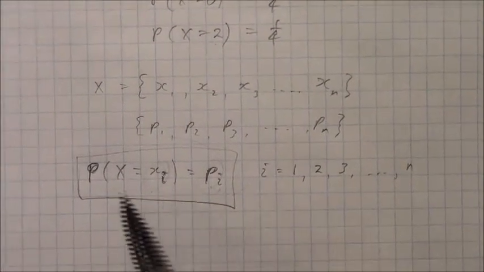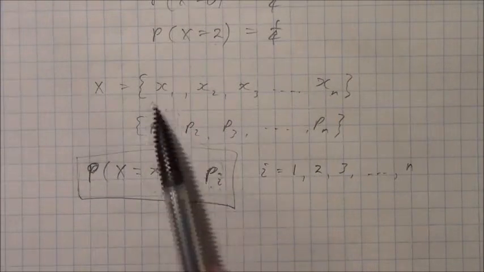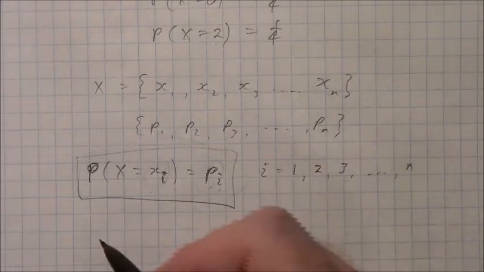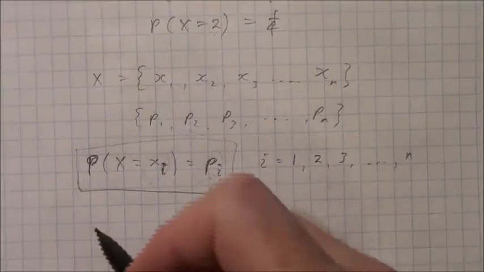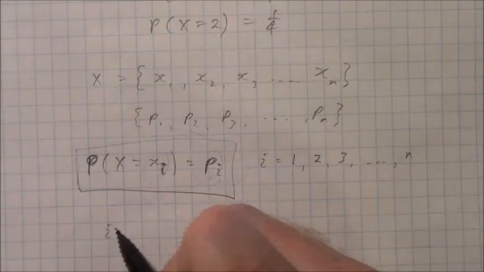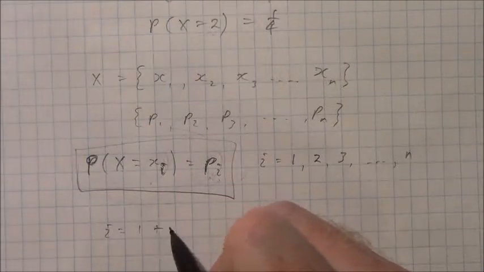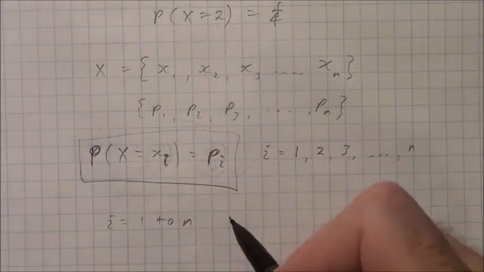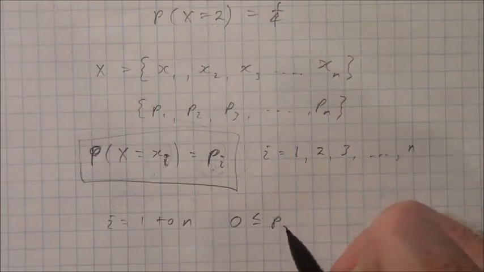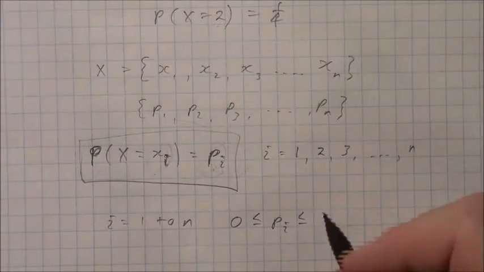So when we take into consideration all of the possible outcomes with all of their possible probabilities, when we look at i equals 1 to n, all the probabilities are going to be between 0 and 1.